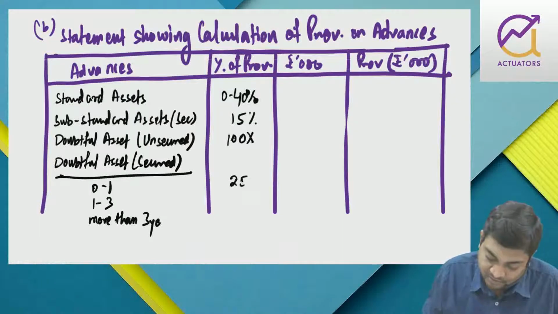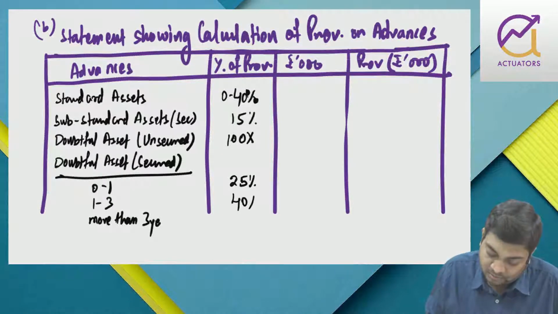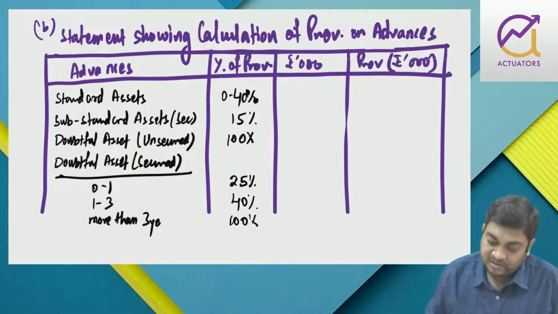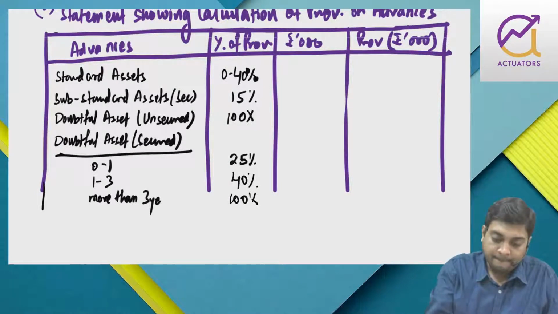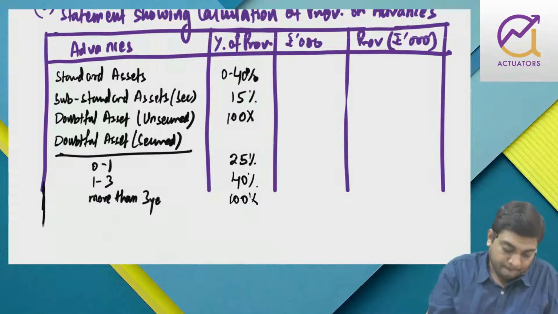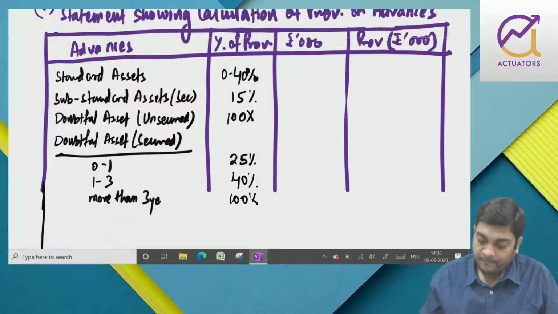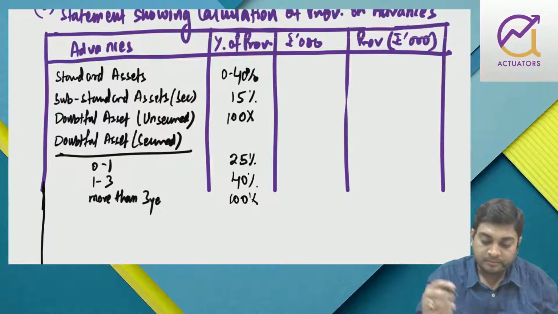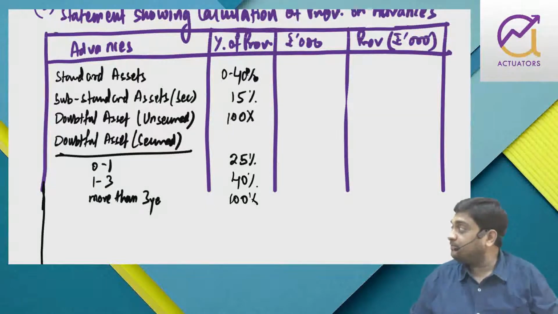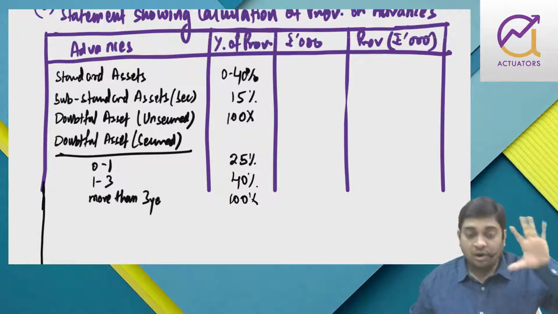So that is 25%, 40%, 100%. Is that fine? I guess this is absolutely okay with all of you.